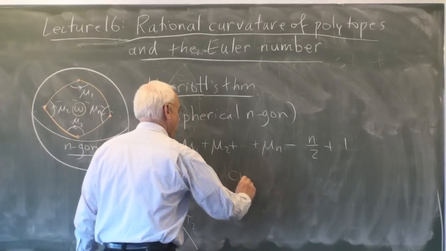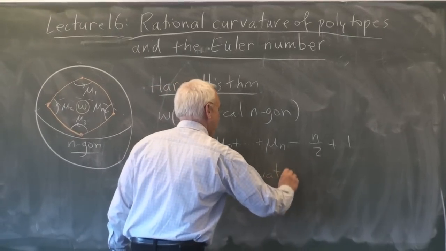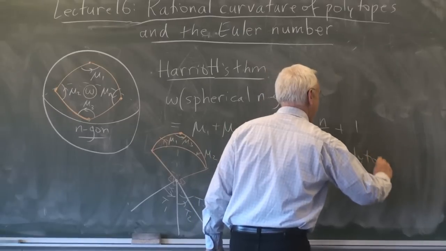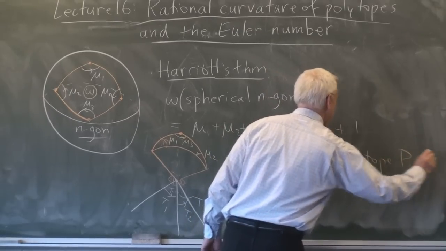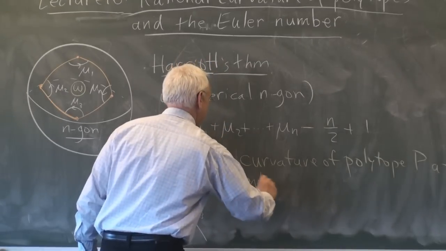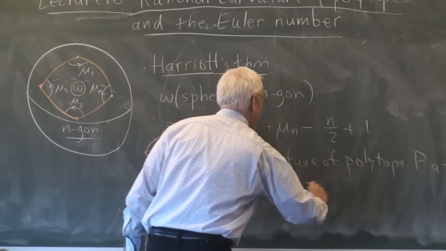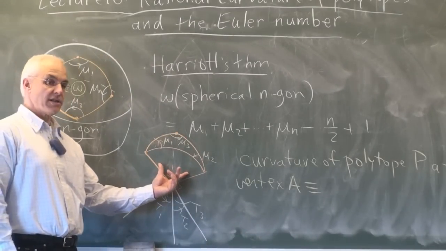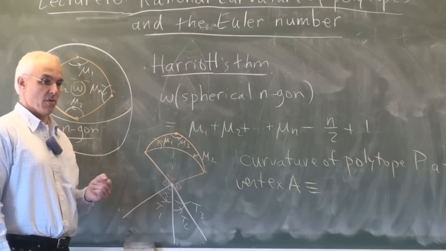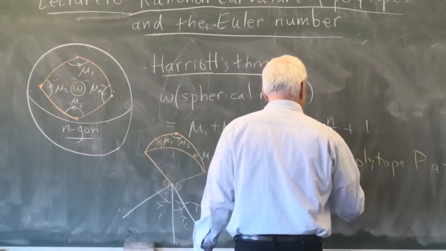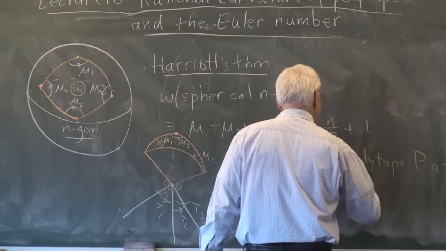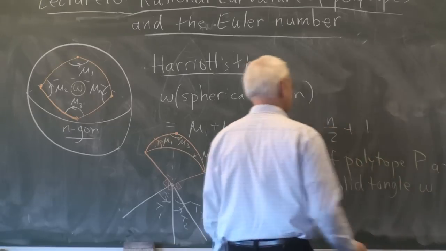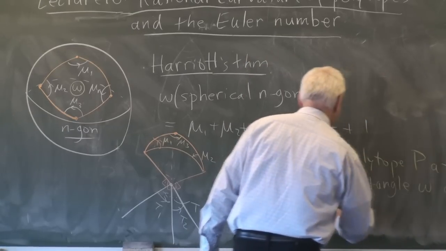So the definition of the curvature of a polytope P at the vertex A is, by definition, the solid tangle, omega, of the opposite cone.